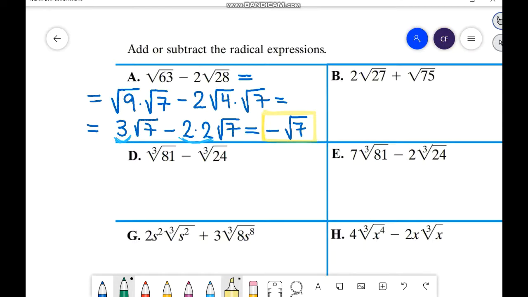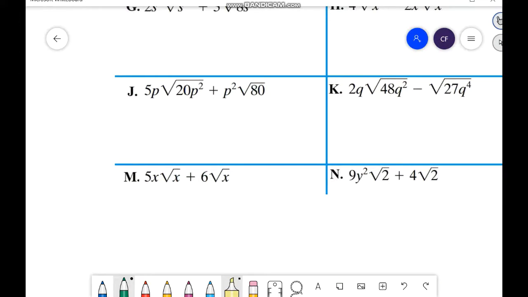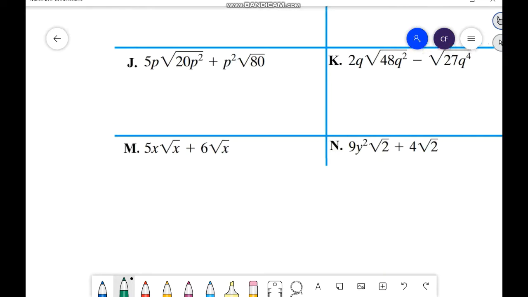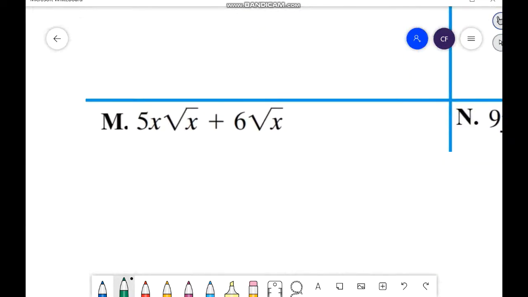Now let's check letter M. Letter M looks like the example we worked on today during the lesson. 5x square root of x plus 6 square root of x equals. And we can see that the like radical is the square root of x, and this makes things easier.